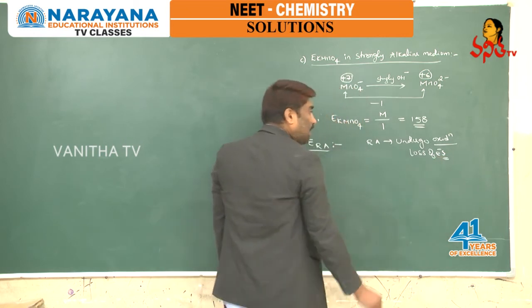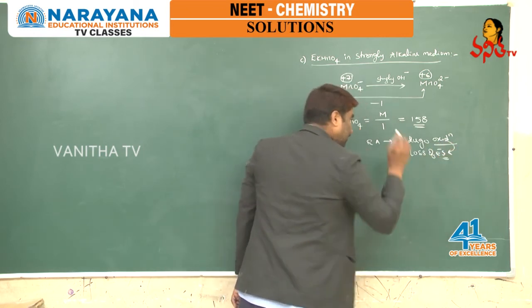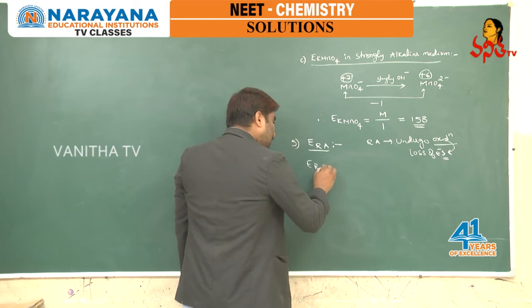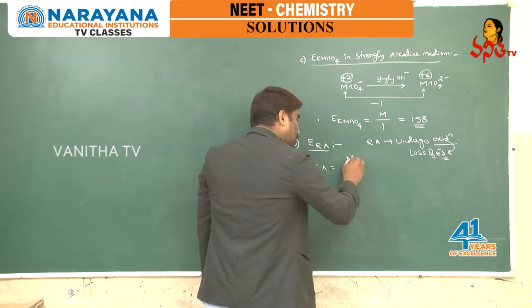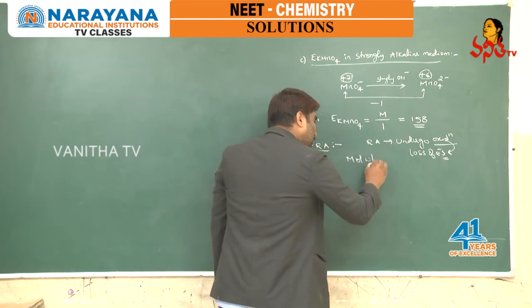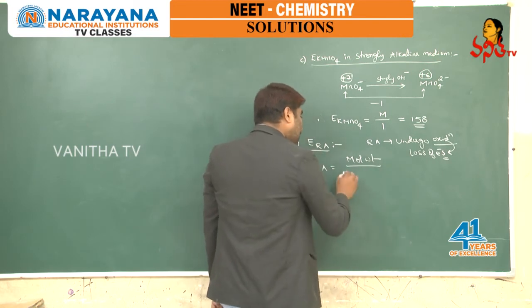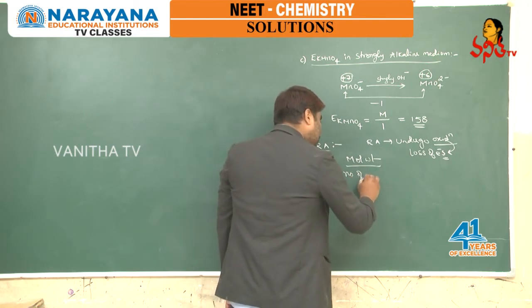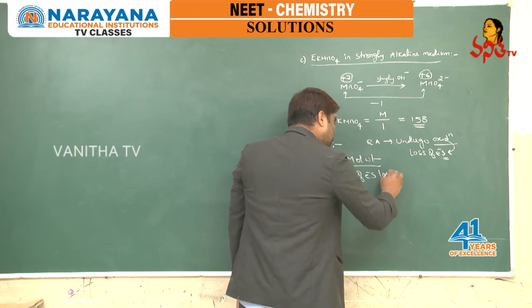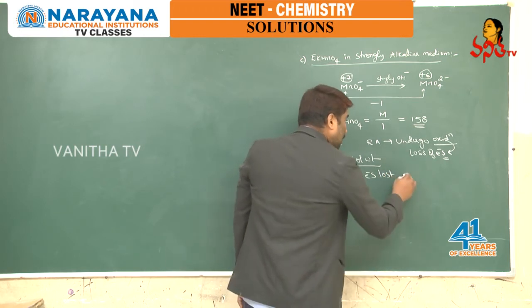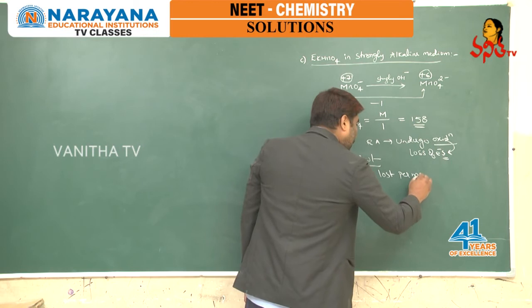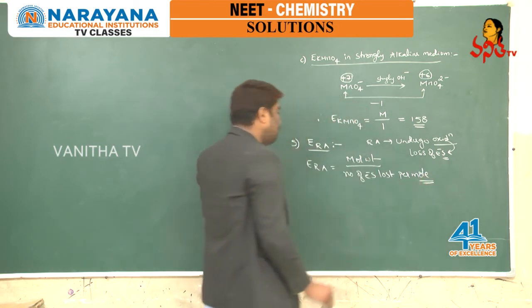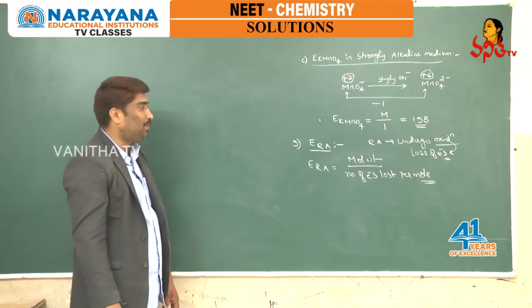Therefore, the equivalent weight of a reducing agent is equal to, you can write the formula, molecular weight by number of electrons lost per mole. This is the equivalent weight of a reducing agent.